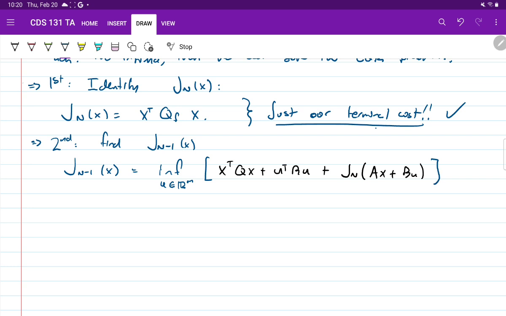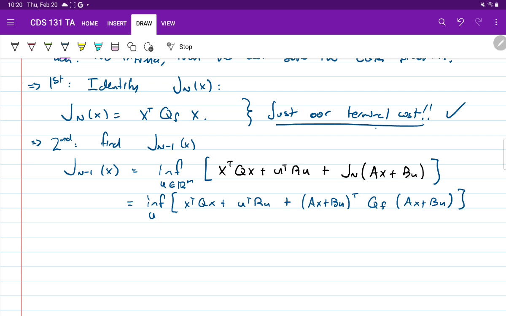Well, this is equal to the inf over u of x transpose Qx plus u transpose Ru plus J_N, which is just x transpose Q_f x. So we'll have (Ax plus Bu) transpose Q_f times (Ax plus Bu).